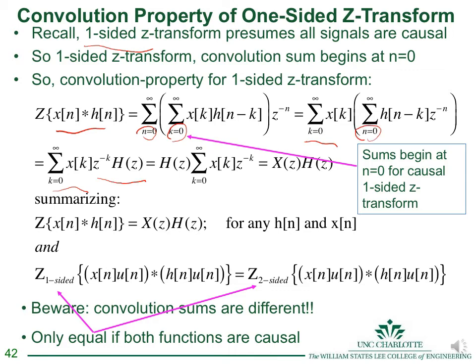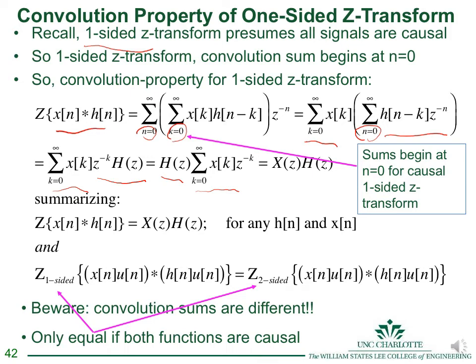And so the shift is indeed z to the minus k H of z. And then once we have H of z, we can bring it to the front. And notice that the Z transform also is proper for x of k z to the minus k. And so we have X of z H of z.